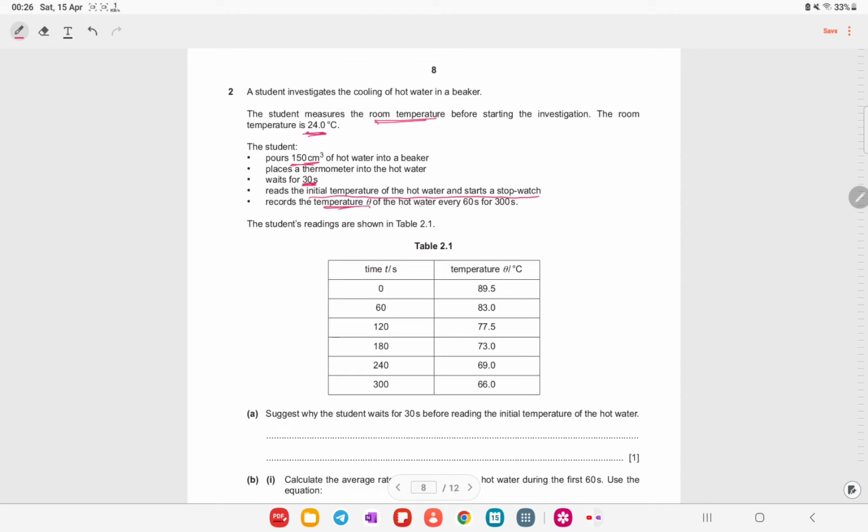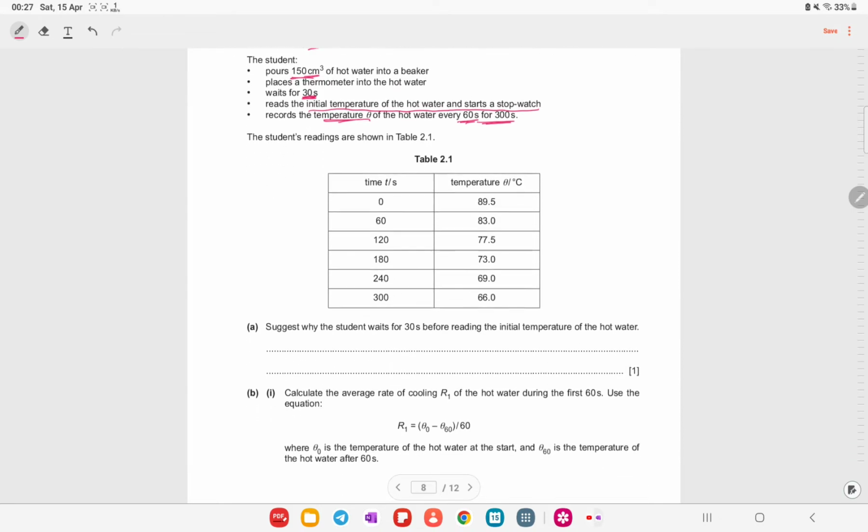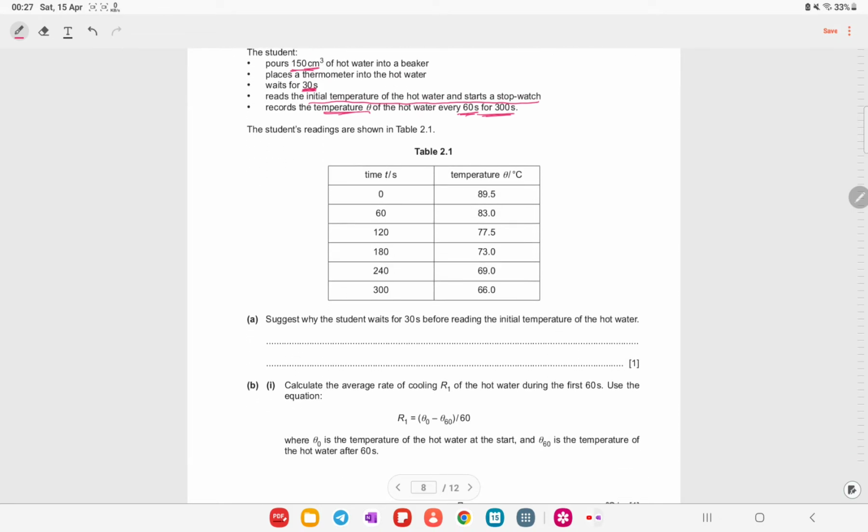Records the temperature theta of the hot water every 60 seconds for 300 seconds. So he poured the water into the beaker, and then he checked the temperature of that water at intervals. The student readings are shown there.